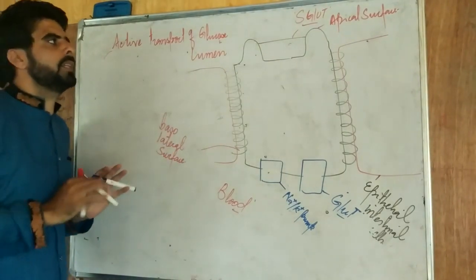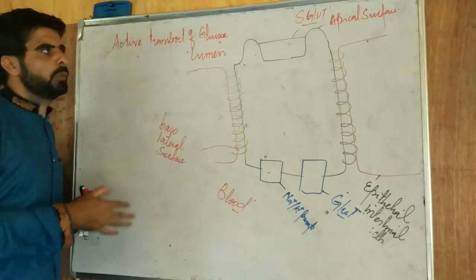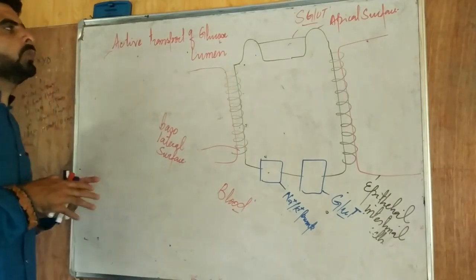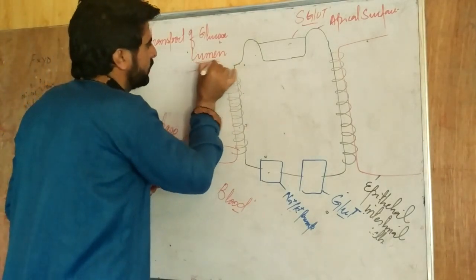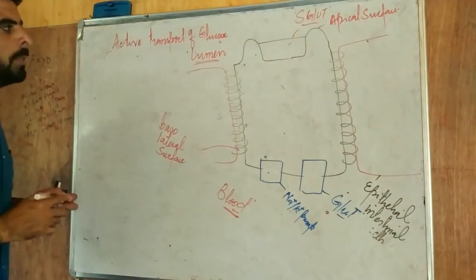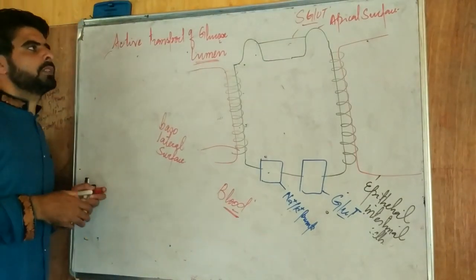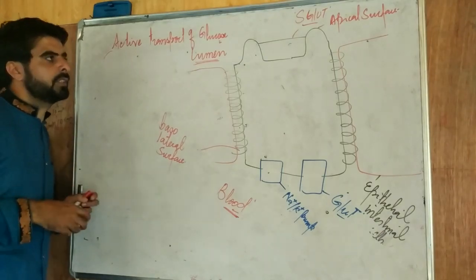Now you have to keep in mind this is a diagram where we have various transporters on various regions. If anybody asks you where glucose gets transported from, the glucose is transported from lumen to the blood. You have to keep this in mind in active transport. The various transporters are present on the epithelial intestinal lining.